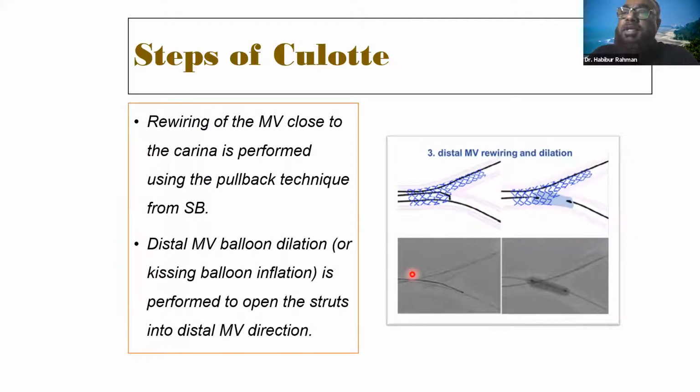Only in case of DK crush it is proximal, but here through the distal strut. And main branch balloon dilatation or kissing may be done, but in typical, classic Culotte, kissing is not mandatory. I'm coming to that later on.